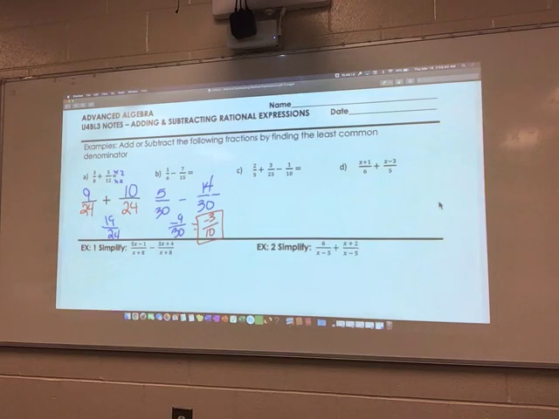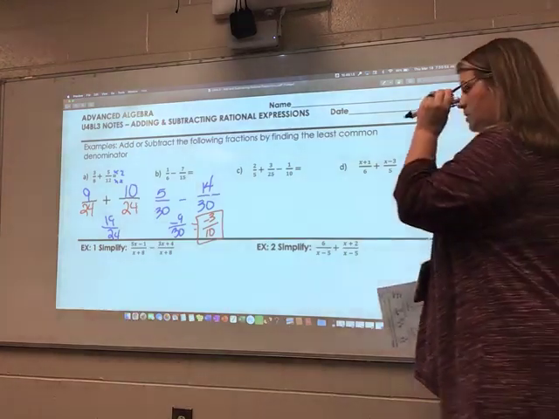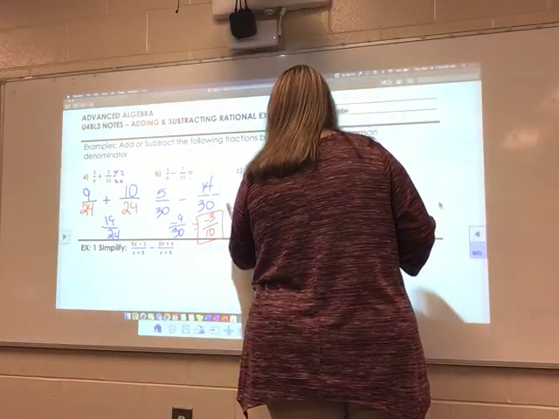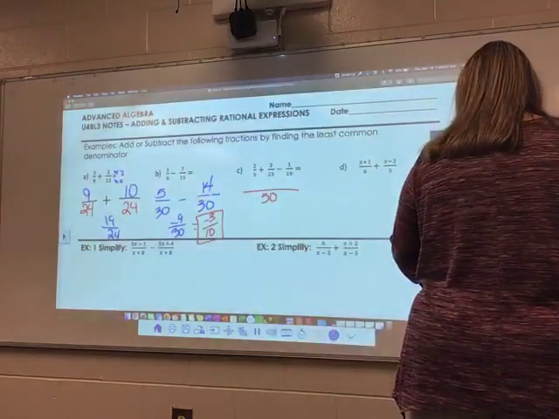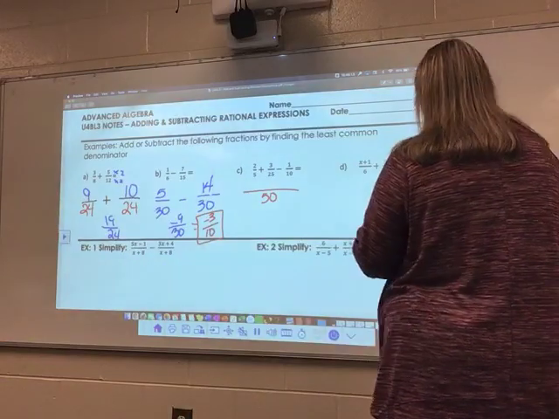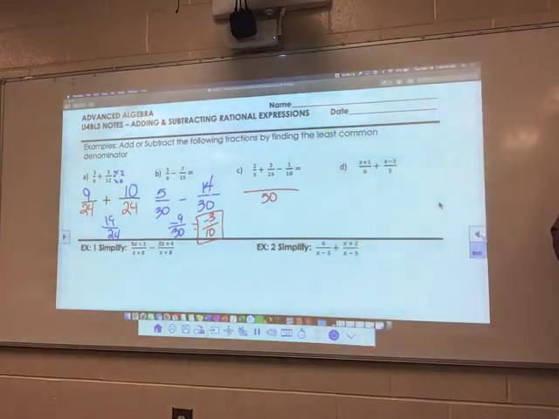Just because we have 3 terms, you still do the same process. Okay? So I've got 5, 25, and 10. Think 50? Good. So I'm going to put all this under 1 since I'm converting all of them. Okay, here we go. So 5 times what is 50?